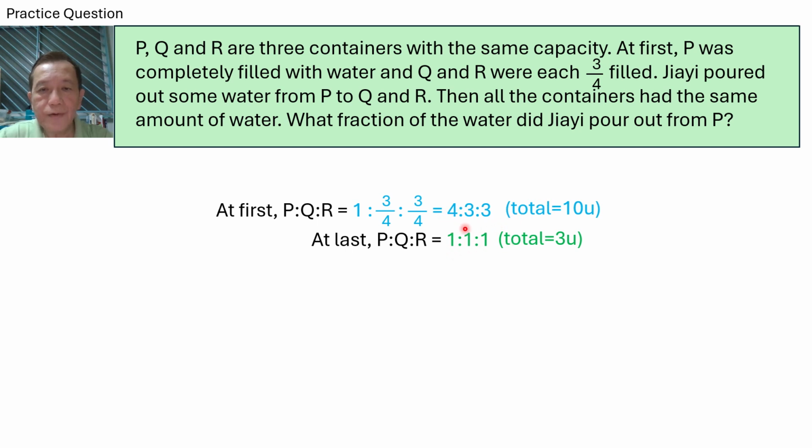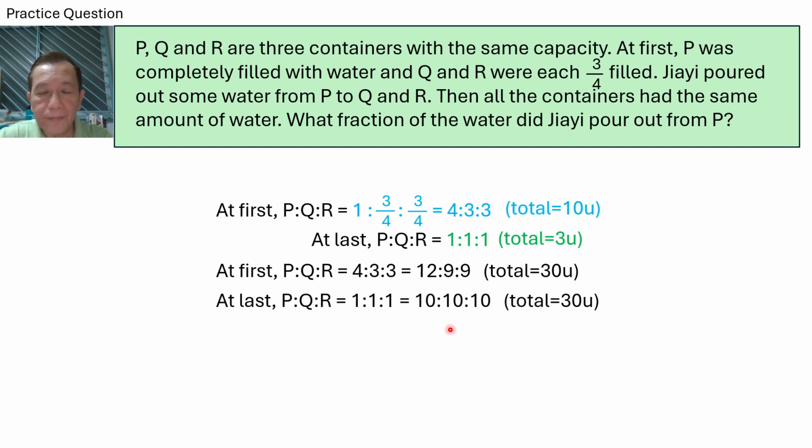This ratio times 3. 4 times 3, 12. 3 times 3, 9. Total is 30U. This ratio times 10. Total is also 30U.